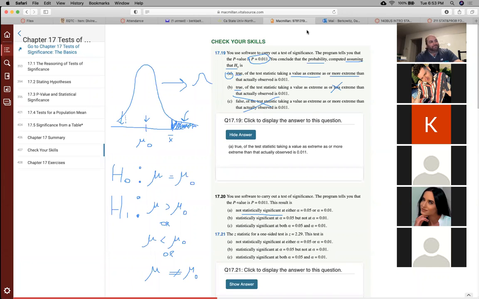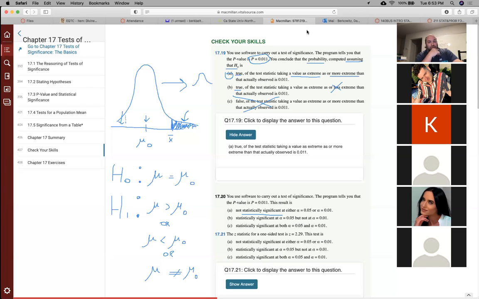So if P is 0.011, is that less than 0.05? Therefore, it's a statistically significant result. If the p-value is less than alpha, it is statistically significant. Is it less than 0.01? Then it's not statistically significant.